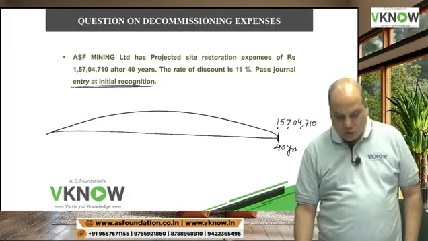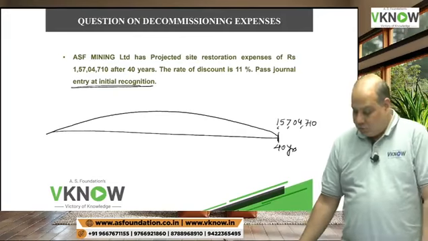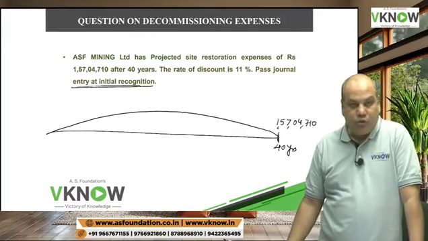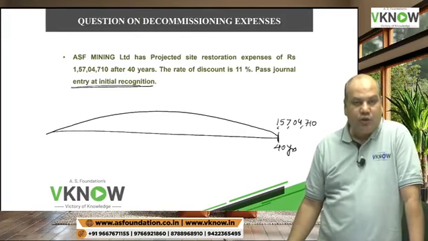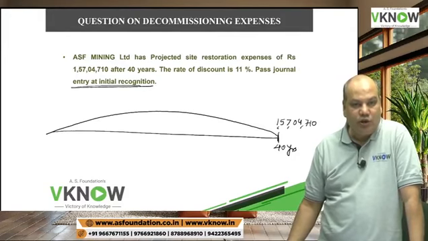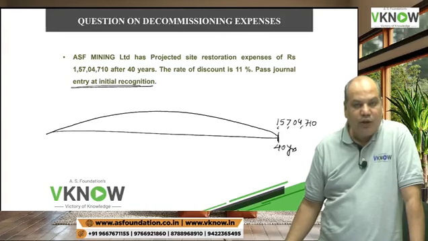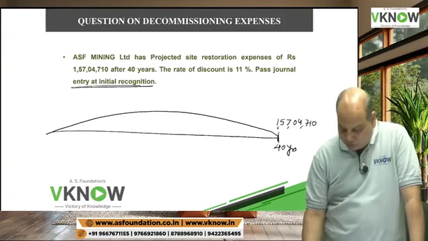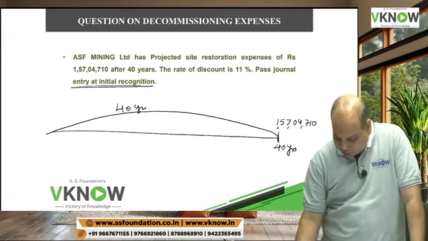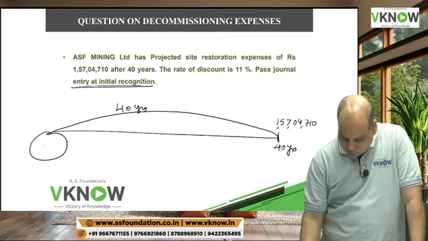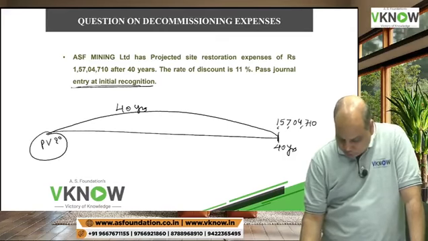You have to restore the site. Government has given the permission subject to you restoring the site. That is your decommissioning obligation. The standard says if you have a decommissioning obligation, then you are also going to add the present value of the decommissioning obligation to the cost of the PPE, and this will take 40 years. The question is, what is the present value?